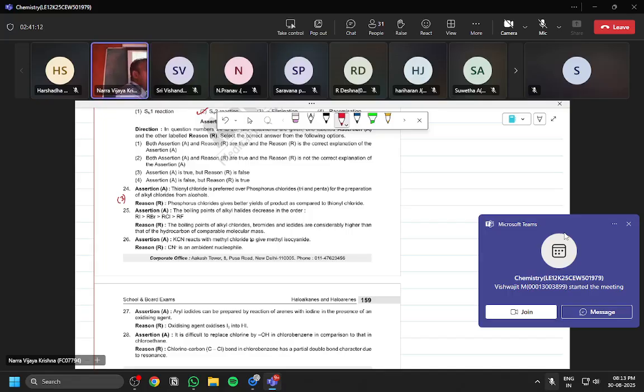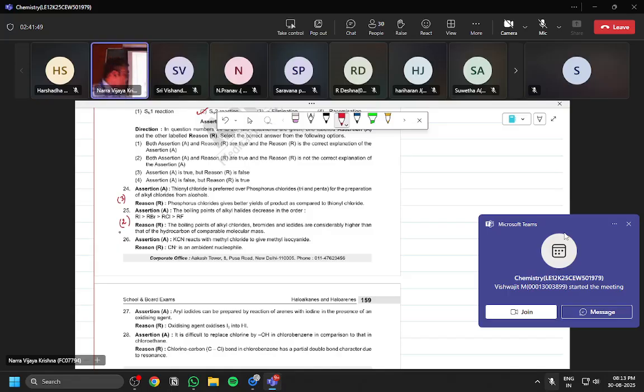They have dipole moment. Normal alkanes doesn't have dipole moment. Therefore, they have dipole interactions. Therefore, boiling point will be high. Correct or not? So reason is correct, assertion is correct, but both are not explanations to each other. A correct explanation will be due to higher molecular weight, alkyl iodides are having more boiling point than bromides, than chlorides, than fluorides. Correct or not? Right? So answer must be option 2.